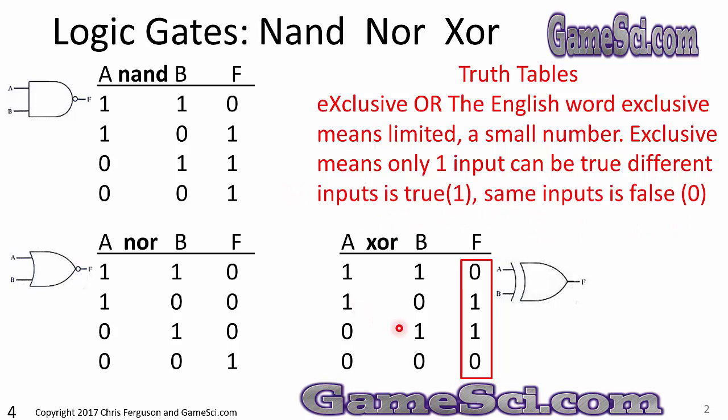Exclusive OR means only one of these inputs can be 1, and the gate will output a 1. If the inputs are the same, this gate outputs a 0. Exclusive means only one of the inputs can be true for the gate to output a 1.